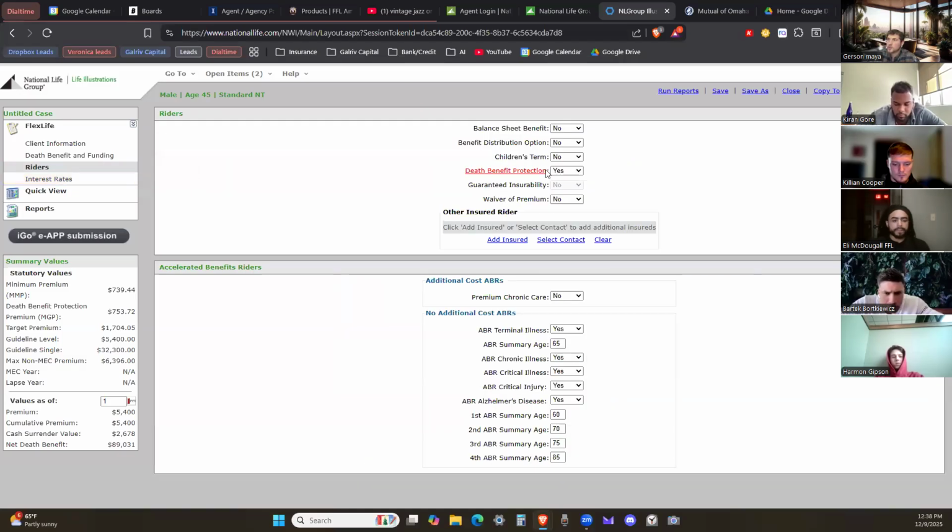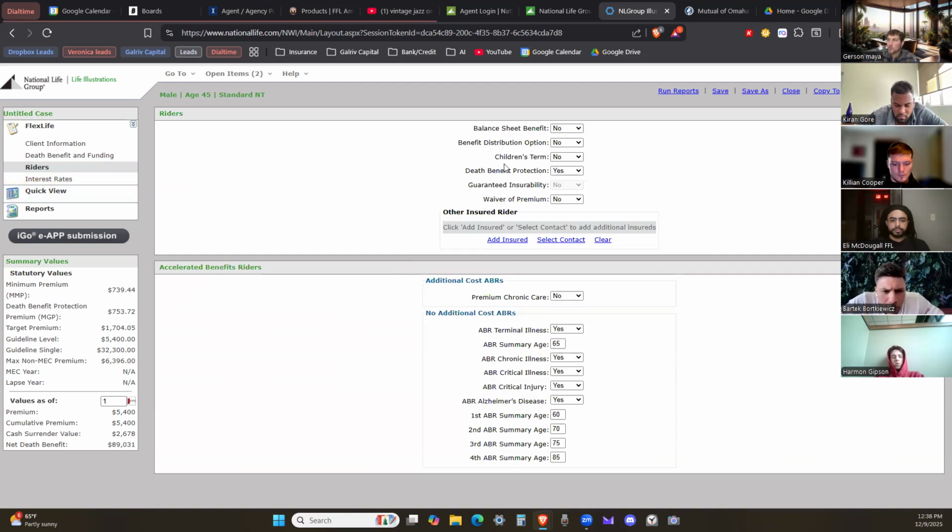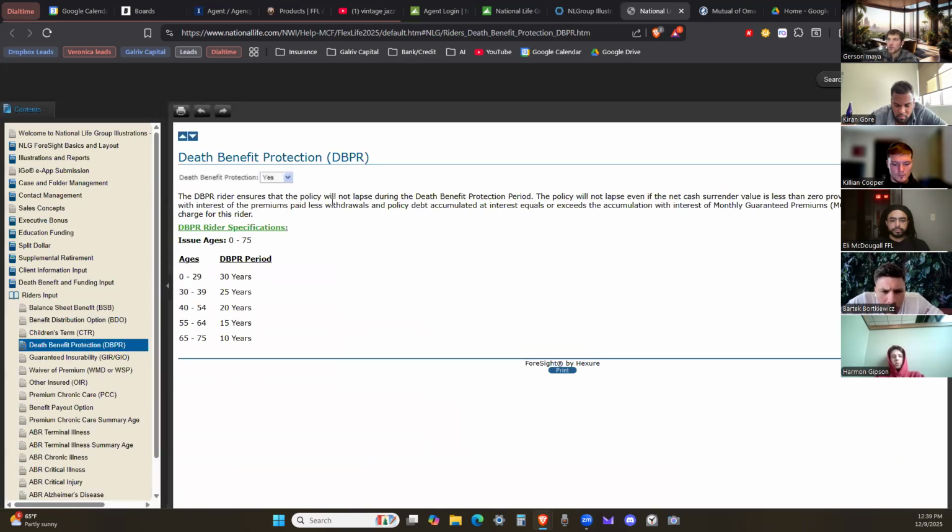On here on the riders, it's important to have this death benefit protection checked off. Yes. Now I'll definitely show you why. The death benefit protection, I showed them that as the minimum cost of insurance. That's the minimum guaranteed premium. As long as they're paying the minimum guaranteed premium every year, then the policy is not going to lapse. And it explains that in full when you click on here, death benefit protection.